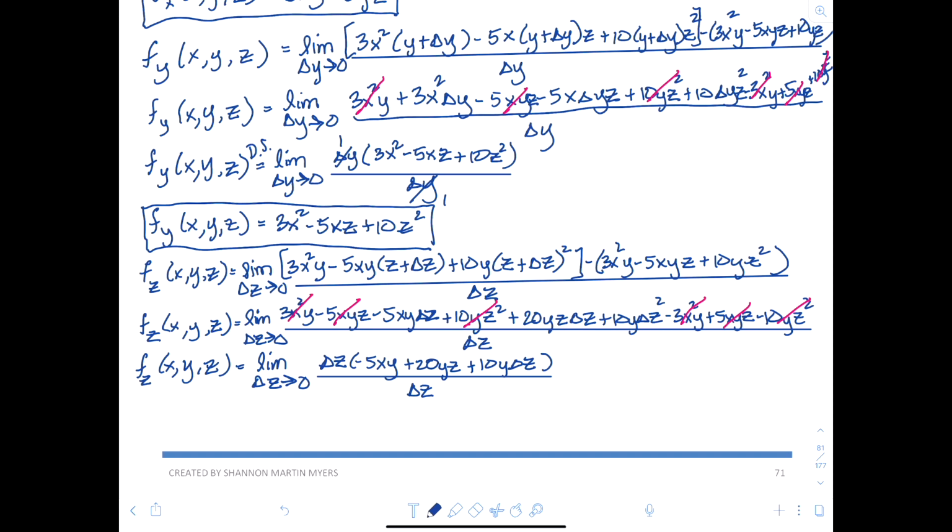And with direct substitution, fz at x, y, and z will be equal to, do you see these delta z's divide out to be 1? So we'll get negative 5xy plus 20y times z plus 10y times 0.